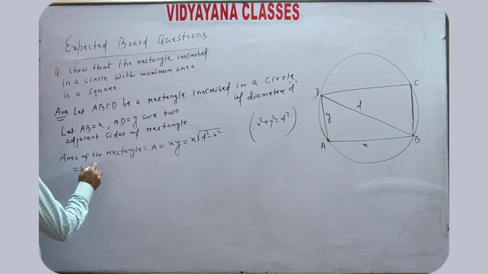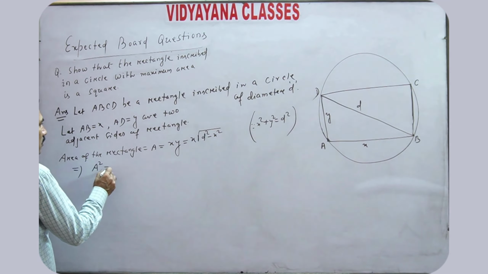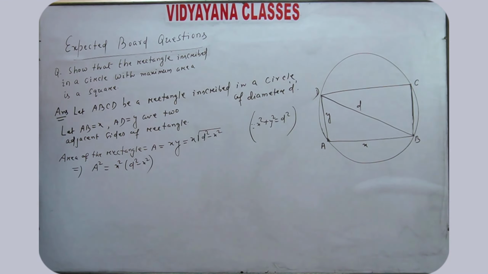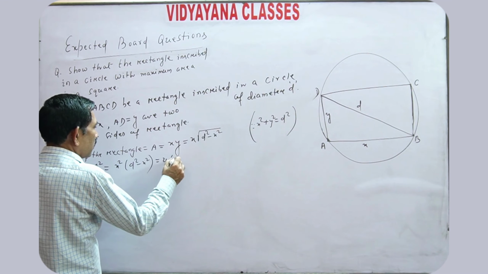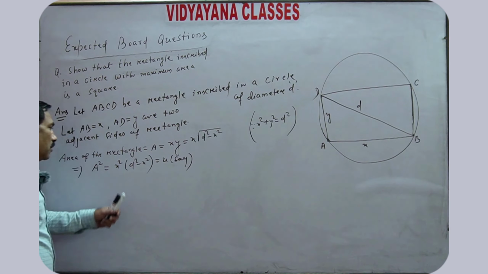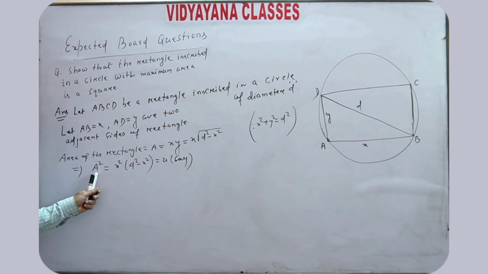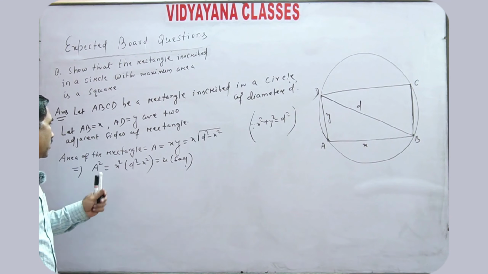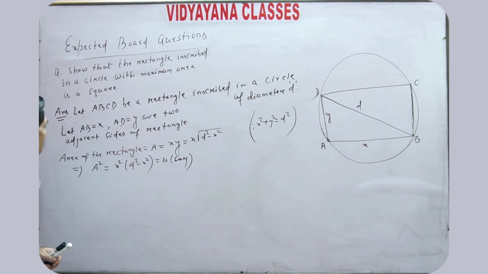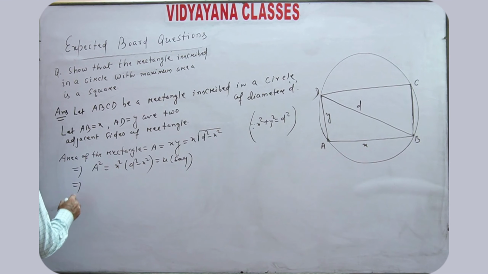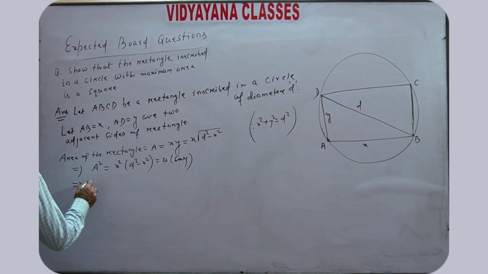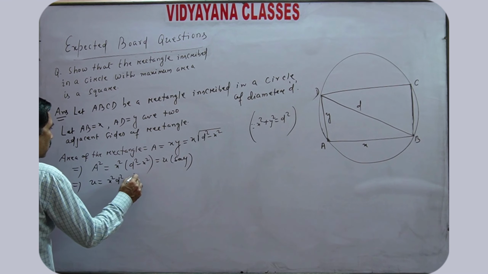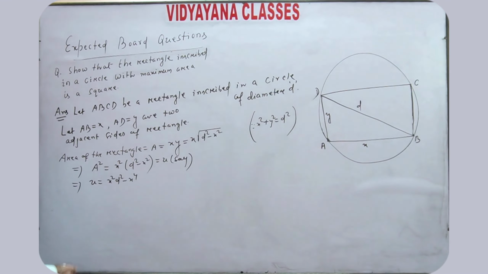Which implies A square is equal to x square into D square minus x square, equal to U, say. U is maximum implies A is maximum. That means area of the rectangle is maximum. Clear? Which implies U is equal to x square D square minus x to the power 4.